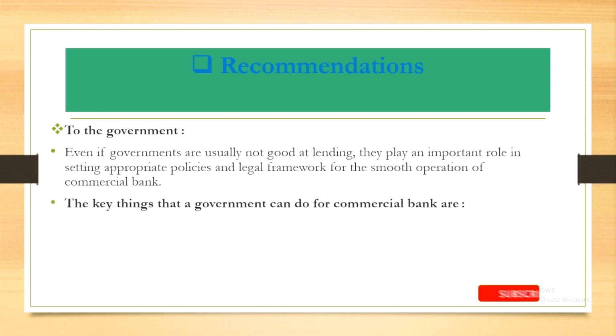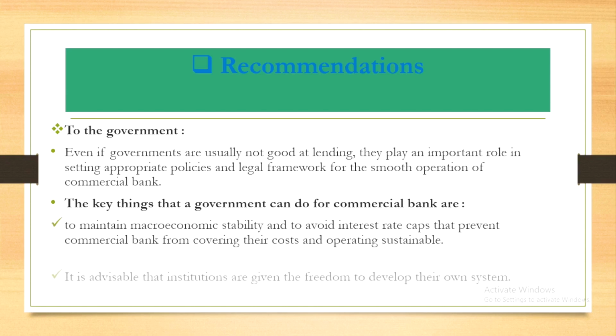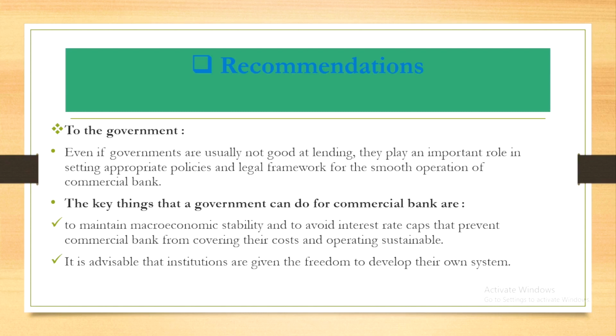So as I said before, chapter 5 is all about the conclusion and suggestions. But before we conclude, let's see the recommendations. What we can recommend to the government: we know that the government is not there for lending, but for providing or setting the appropriate policies and legal framework that can help the smooth running of commercial bank services.